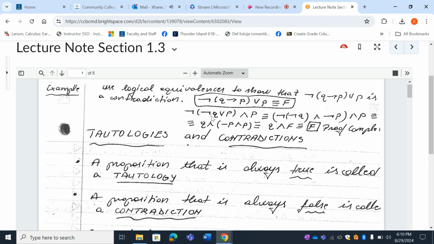So we start off with what is given, and correctly what is given is negating (Q implies P), and P, is equivalent to false. Since I have an implication inside parentheses, I'm going to turn this implication using the implication equivalency law.